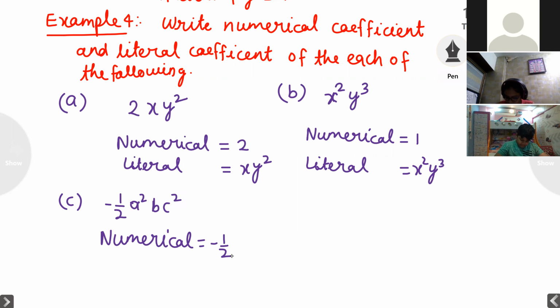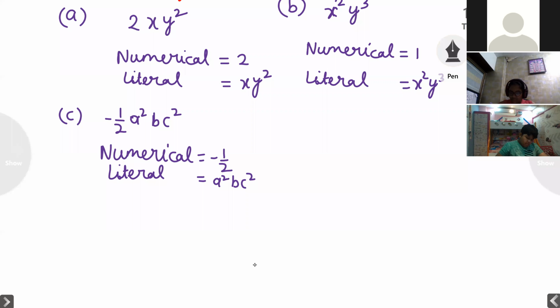What is literal here? a square bc square. Literal equals a square b c square. Make it fast.